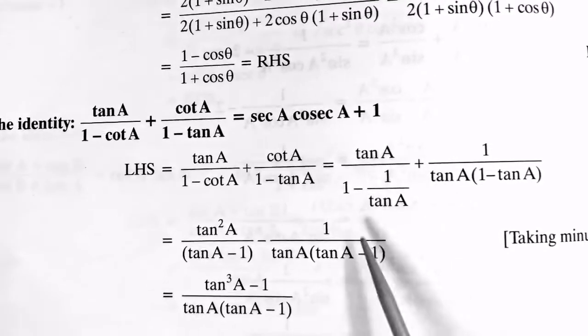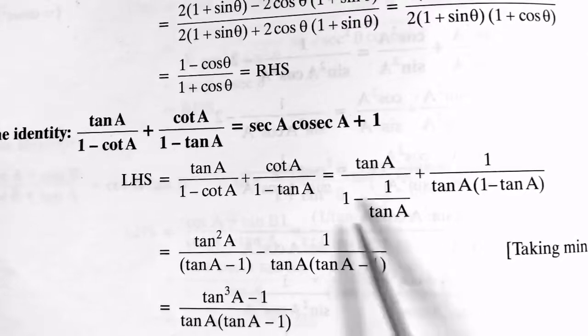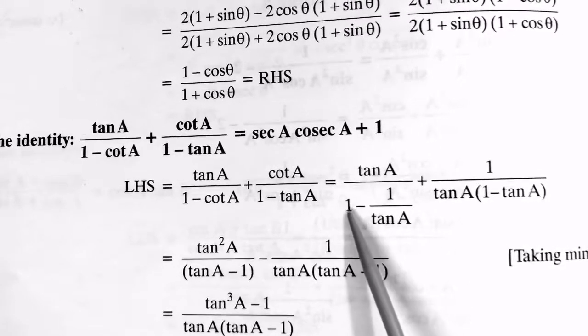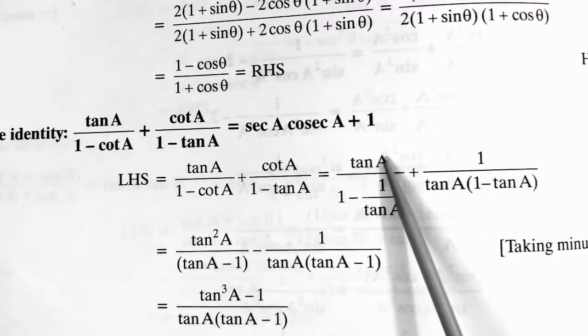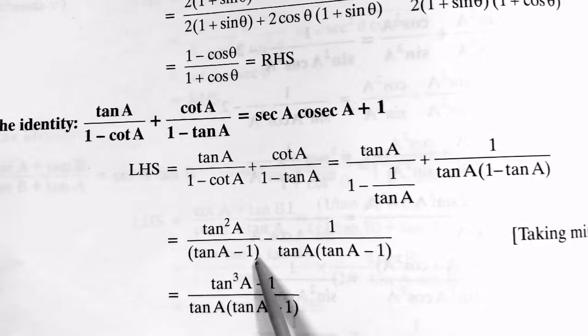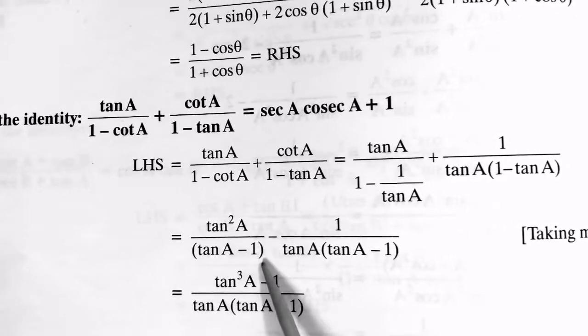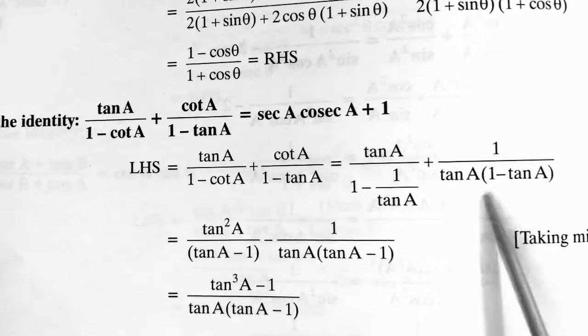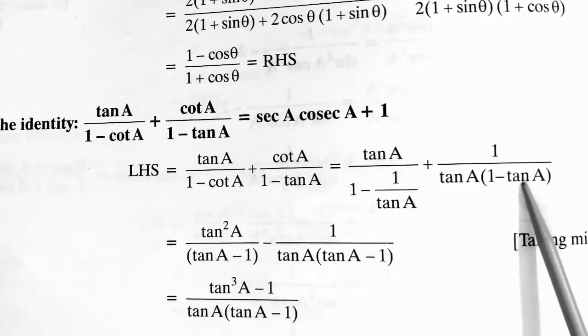And similarly, this cot A is 1 upon tan A, so that tan A will go to the denominator. Right, now see here, if you take LCM here in the denominator, that will be tan A, and here you will get tan A minus 1 upon tan A, that goes to the numerator. So that becomes tan square A upon tan A minus 1, right? And now see, because here I am having tan A minus 1 and here I was having 1 minus tan A, I am taking minus 1 common from this bracket.